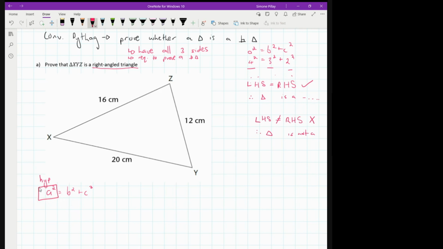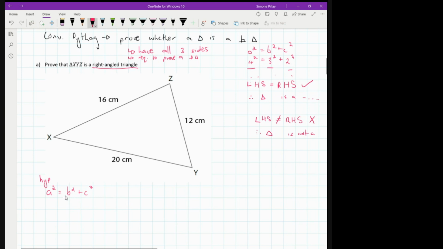How do I know which side, even if it's not a right angle triangle, to substitute in place of my hypotenuse? It's the longer side, ma'am. It is the longest side, it's 20. Unati, is that what you wanted to say? Yes, ma'am. Okay, great. Glad you guys know the answer.